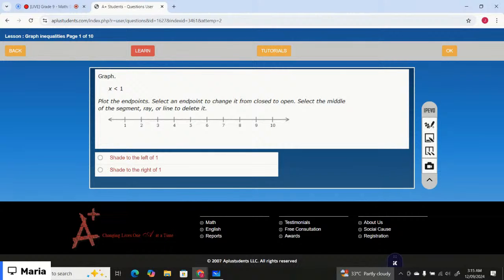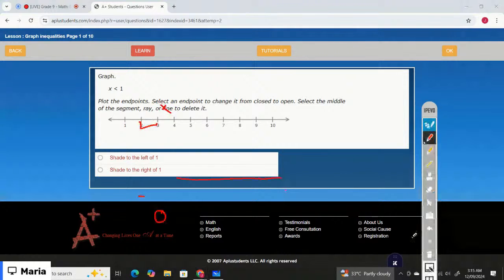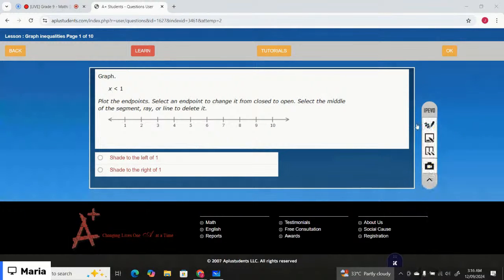Less than 1 means the graph is pointing to the left side, right? Here is 1, and 1 is not included. So the graph is pointing to the left of 1. Shade to the left of 1. The correct option is shade to the left of 1. Got it? Shade to the left of 1 is the correct option.